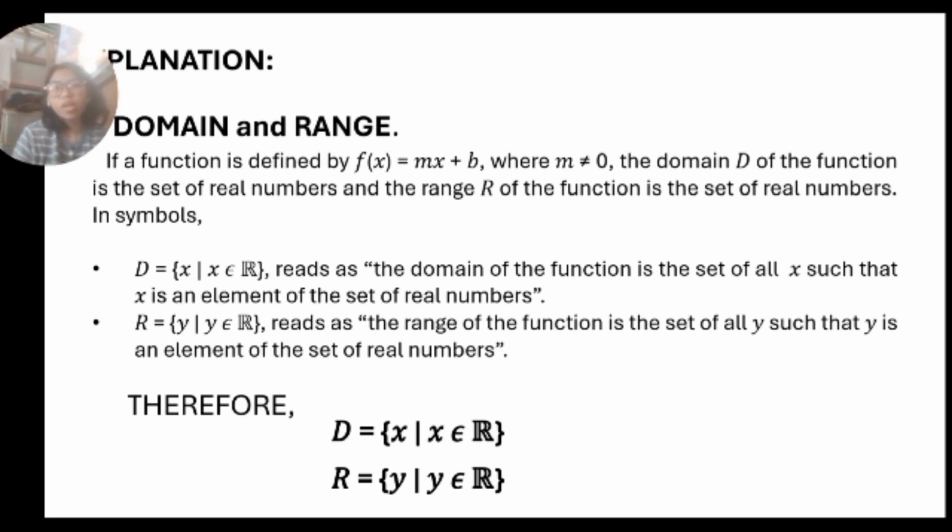So in symbols, the first reads as the domain of the function is the set of all x such that x is an element of the set of real numbers, while the second reads as the range of the function is the set of all y such that y is an element of the set of real numbers.